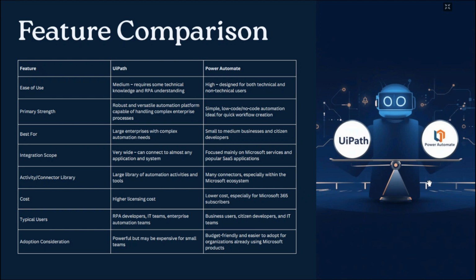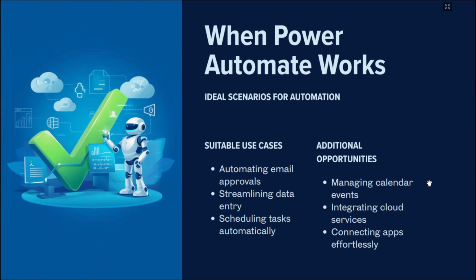Adoption consideration: powerful but maybe expensive for small teams with UiPath, and Power Automate is budget friendly and easier to adopt for organizations already using Microsoft products. So again, for adoption consideration, Power Automate is much easier to adopt because of the pricing, which again beats UiPath.